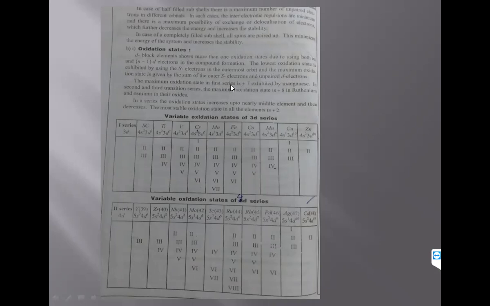The lowest oxidation state exhibited by the 3d series is due to using s electrons only in the outermost shell, whereas the maximum oxidation state is due to using both the outermost s electrons and the d sublevel.